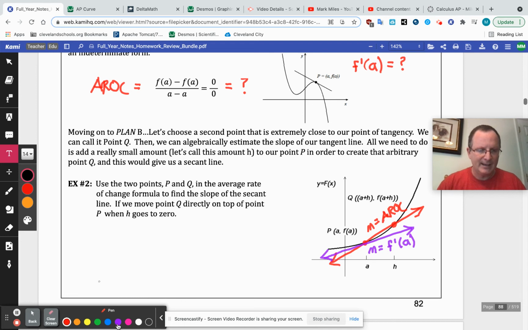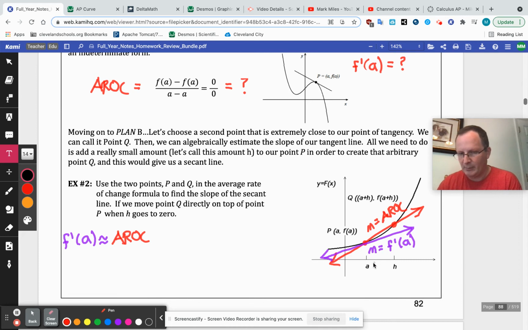I'm going to say f prime of A is approximately equal to the average rate of change from A to A plus H.